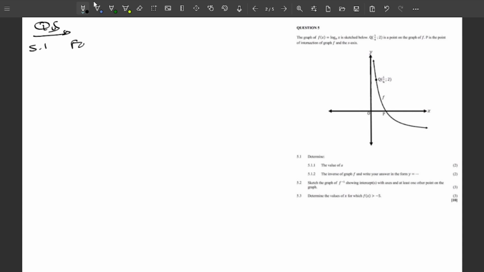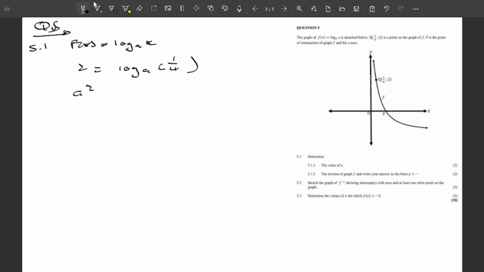So f(x) is equal to log base a of x. To find the value of a, we just need to use one point, and we've been given Q. We're going to use the value of Q to solve this, and our value of x is 1/4. You can solve this since you know that this is a log.